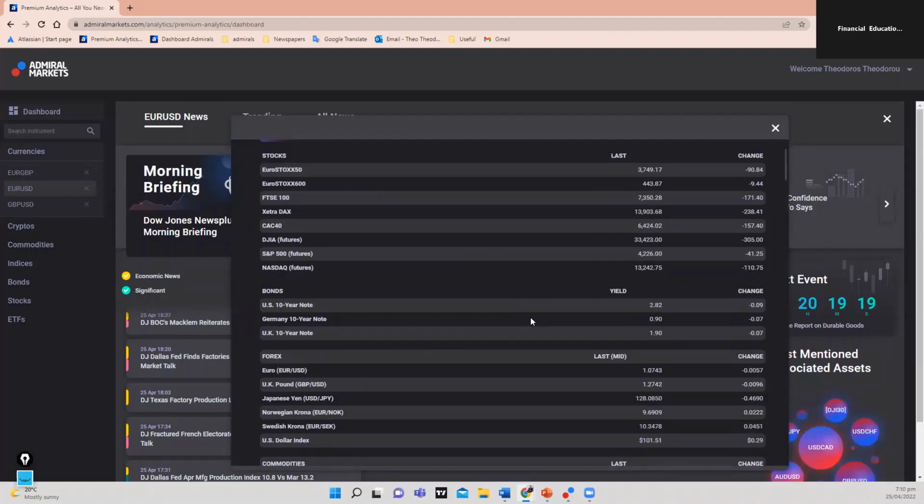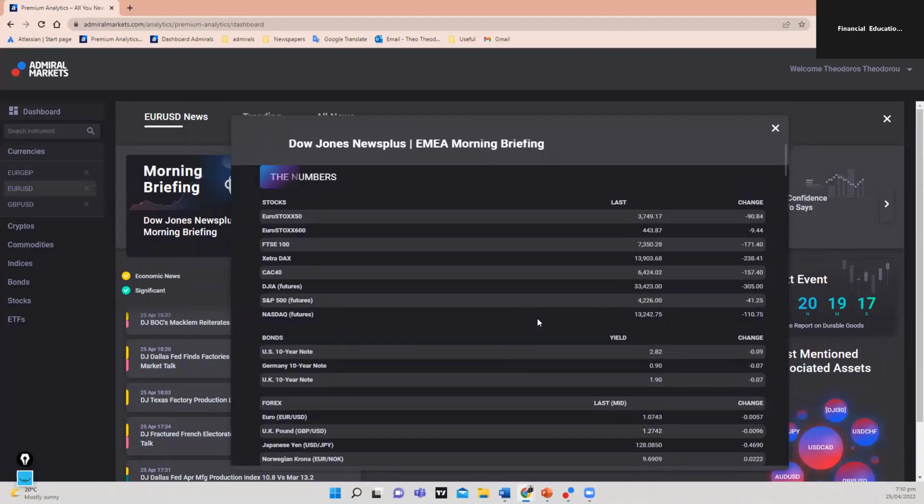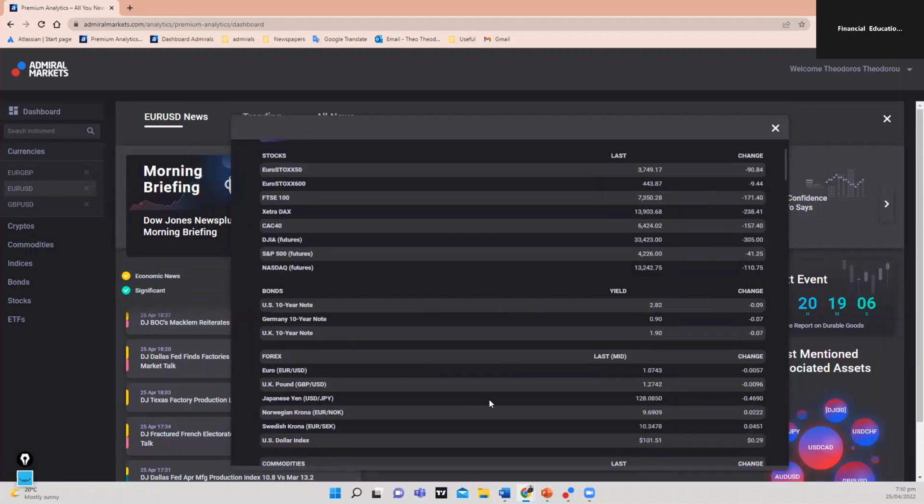Here we see the numeric part of the morning briefing, like on the stocks, on the bonds, we see the changes in the market. Okay, this is updated quite often on the go.